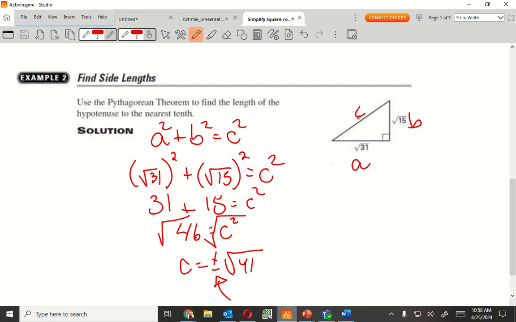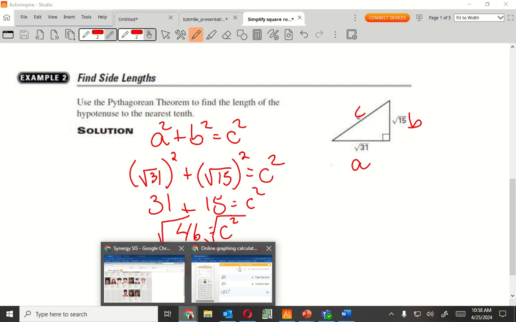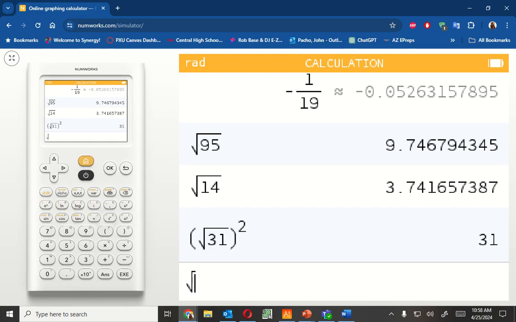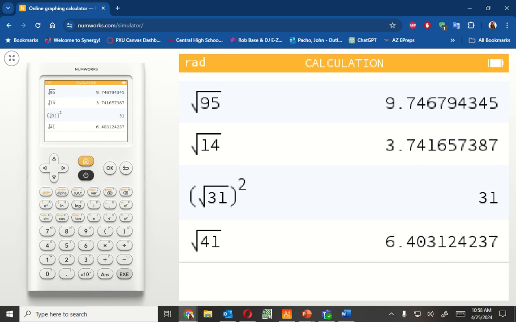Length and distance is always positive. So my distance must always be positive. So that's the reason why we're going to ignore the negative for right now, but we still have to have that one. So square root of 41 is going to give me about 6.4.